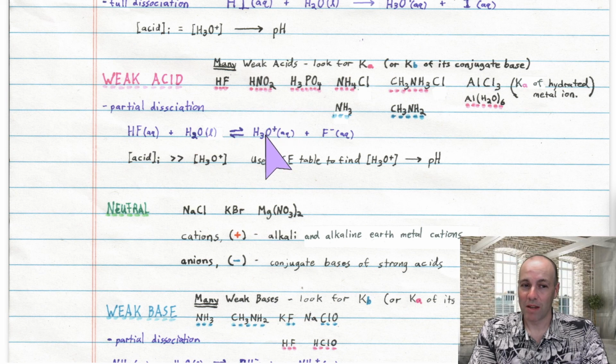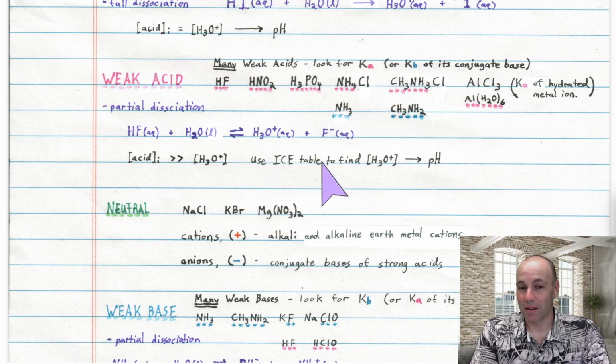You'll only generate a little bit of proton concentration, so the initial acid concentration will be much greater than the equilibrium proton concentration, and to figure out what the equilibrium proton concentration is, you need to use the ice table and solve for x. So do that and then get the proton concentration that way and then the pH. So it takes a little work to get the proton concentration for a weak acid system, but once you do, then you can find the pH.